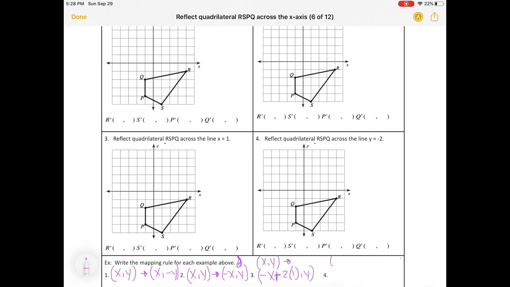And then lastly, number 4, x comma y, always to start. It was a reflection in line with the x-axis, meaning x will stay the same, and then y becomes opposite, so it's negative y plus 2 times, since it's a reflection, it's double the distance, and then whatever we were reflecting across. So in that case, it was negative 2. Probably could have done brackets there, but that's okay.